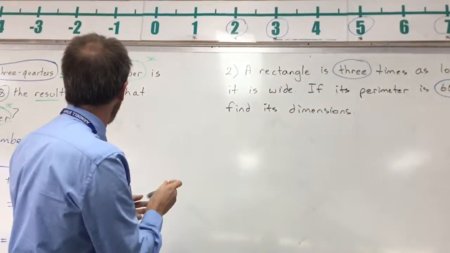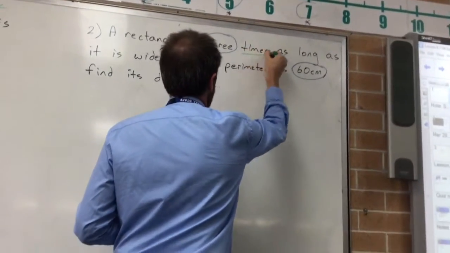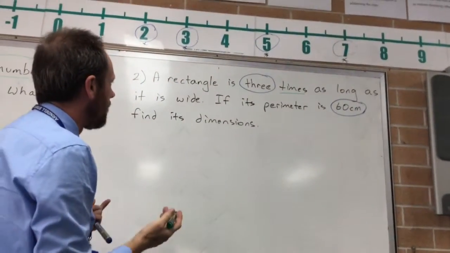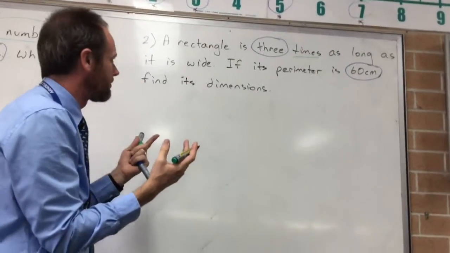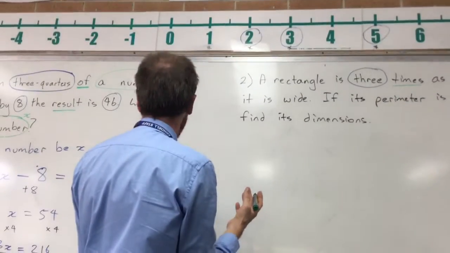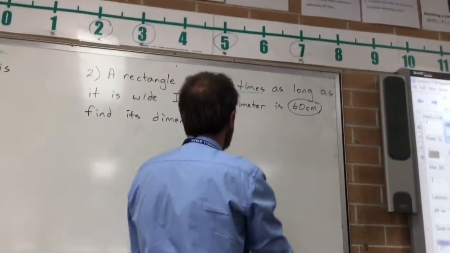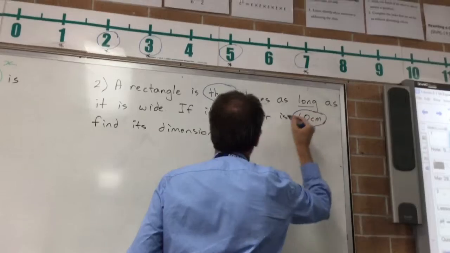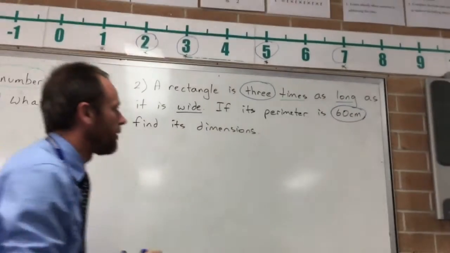What other things do I notice? What multiplications or symbols? I've got a times, okay? I've also got some other information that is helpful. It's 3 times as long as it is wide. That's helpful information. Long and wide.